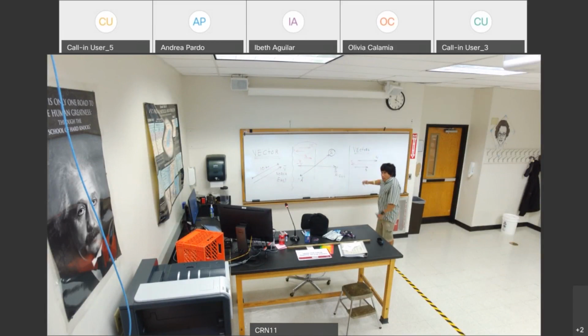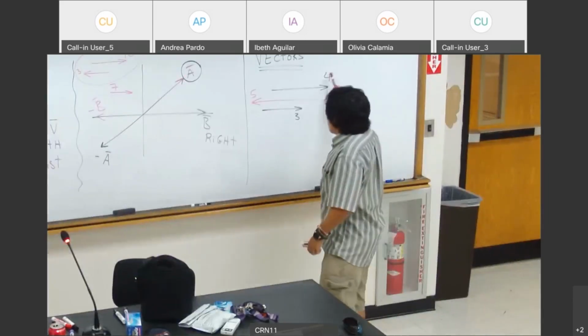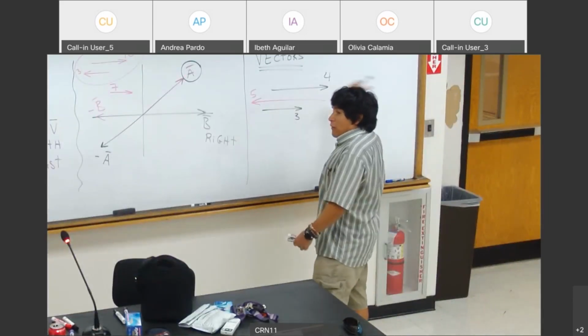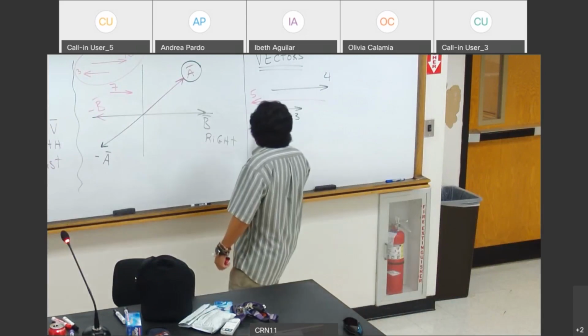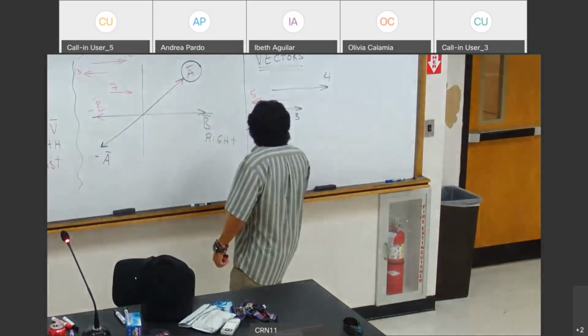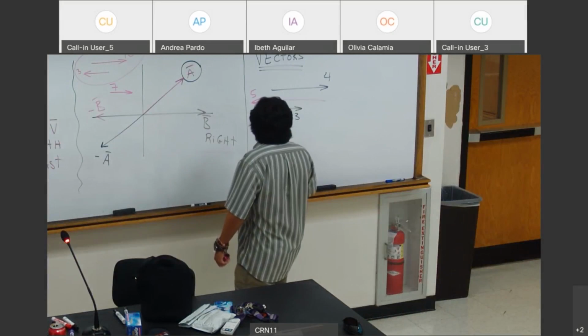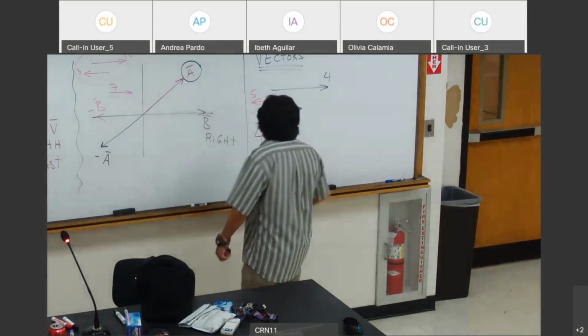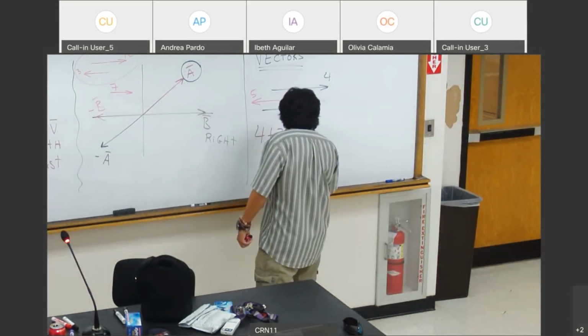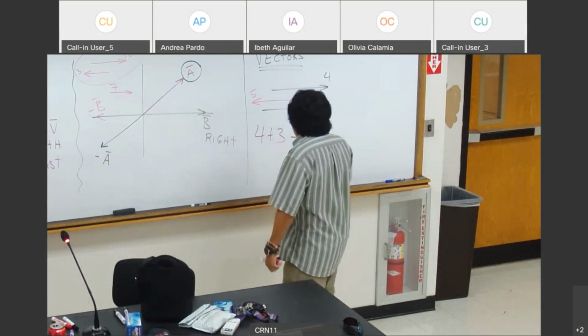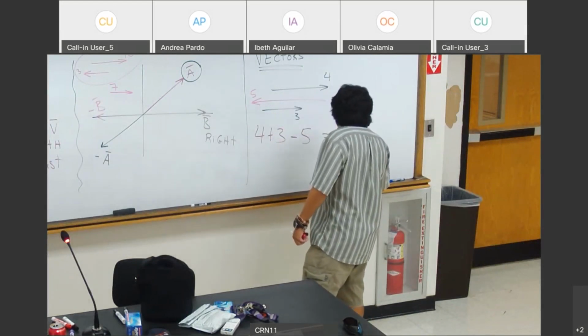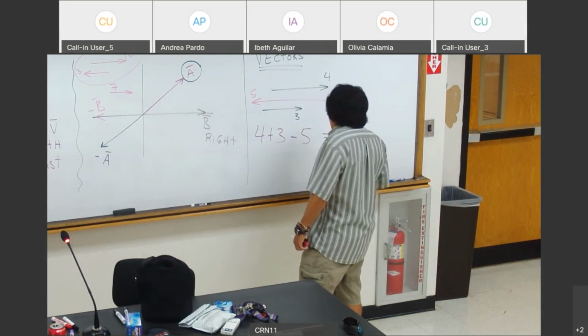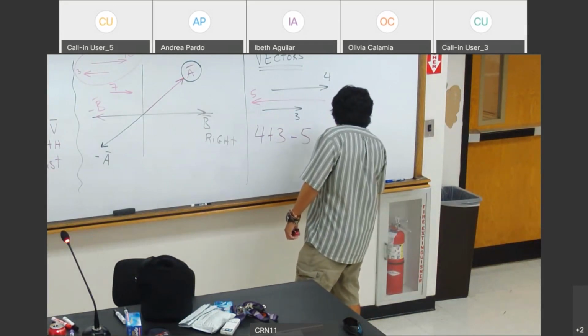The overall will be what? 4 and 3 are going to the right. So you say 4 plus 3, but then this is going to the left. So I subtract 5. And that will give me 2, but not just 2. 2 to the right.